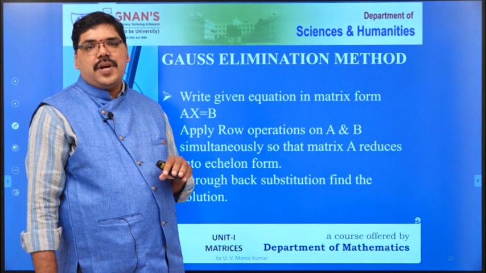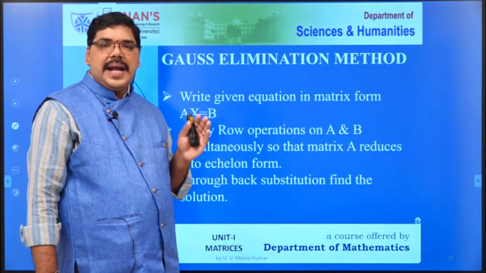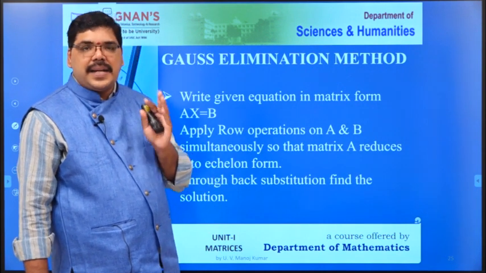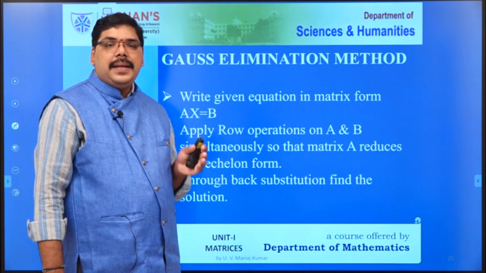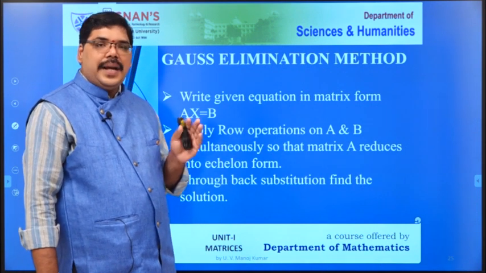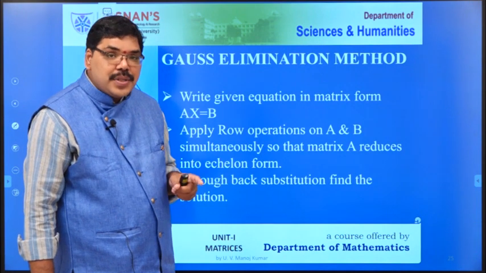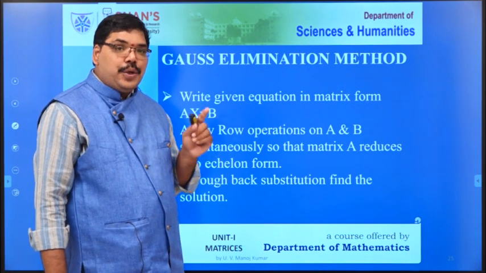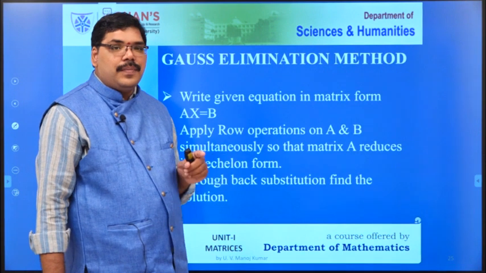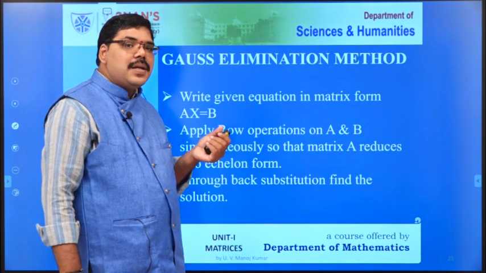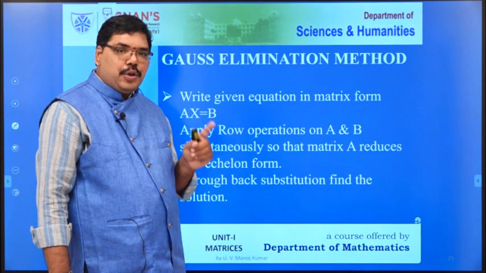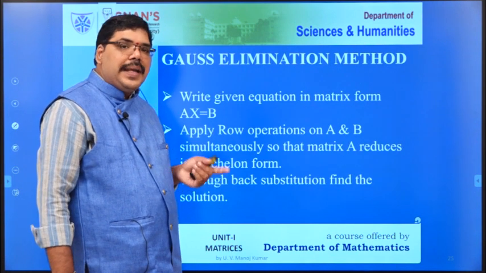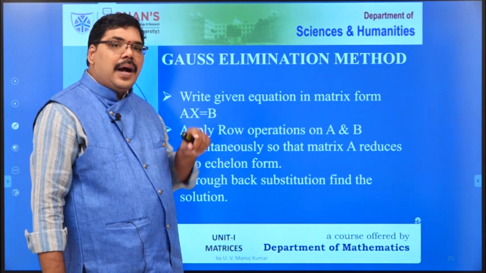Apply row operations on both matrix A and also on matrix B, to reduce matrix A into echelon form. Remember, in Gauss elimination method, we are reducing matrix A into echelon form.